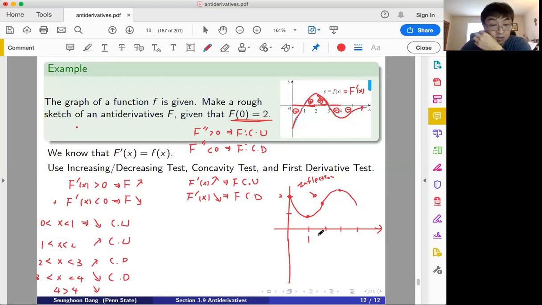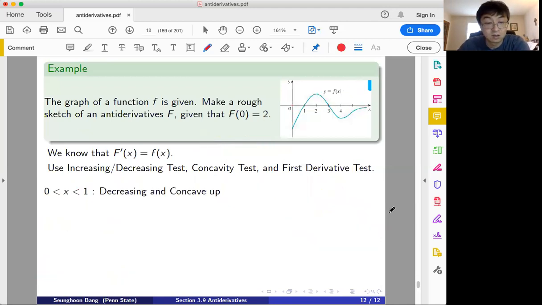So F is decreasing and concave up, like this. This is another inflection point. This is the whole idea for sketching the antiderivative F of f by using the derivative.